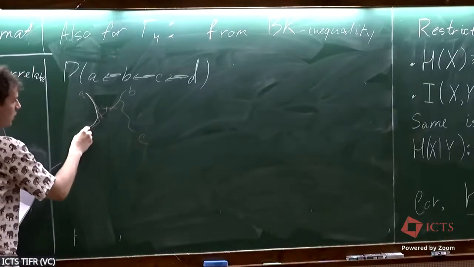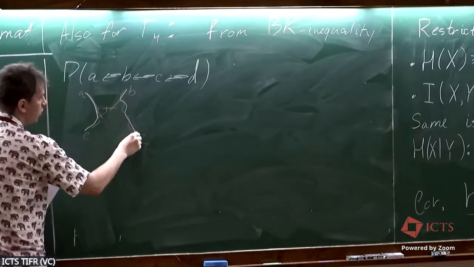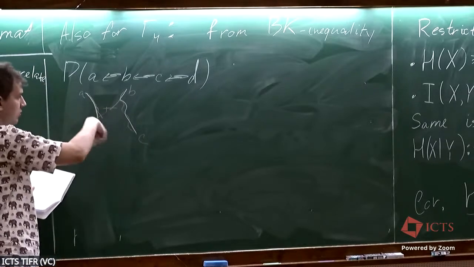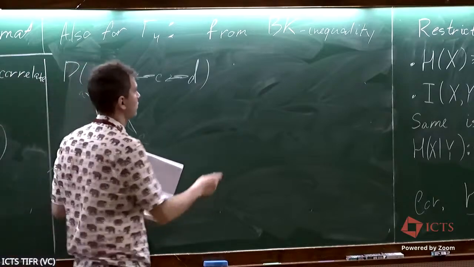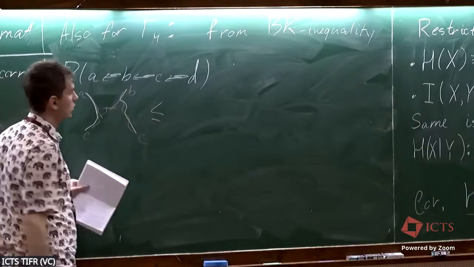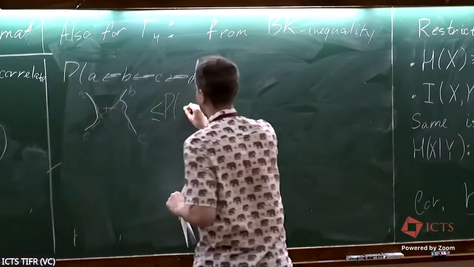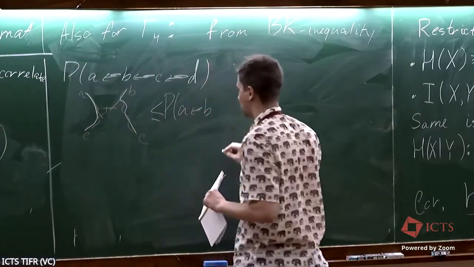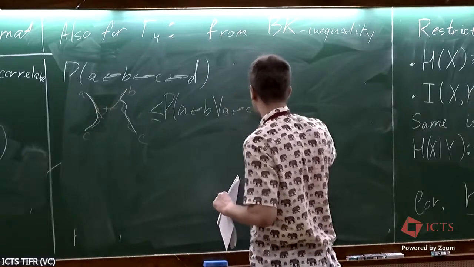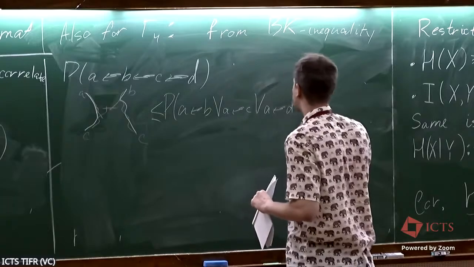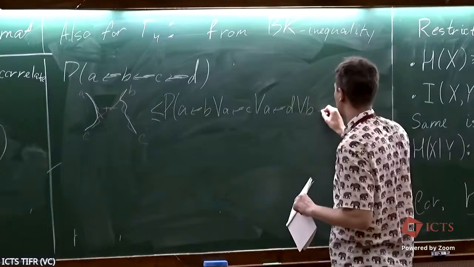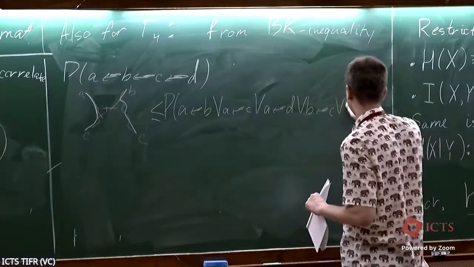You will inevitably have 2 non-intersecting pairs between pairs of vertices which have paths between them which do not intersect. So you can say that the probability here will be less than the probability that 2 of the vertices are in the same cluster squared, because we have two disjoint witnesses for these events.